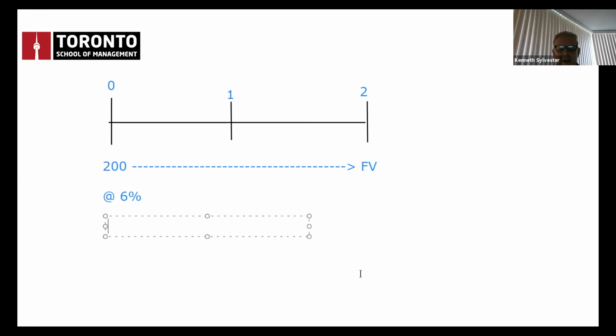So you guys calculate it. So the future value is equal to the present value times 1 plus the interest rate. When I use this little arrow, that means the exponent.